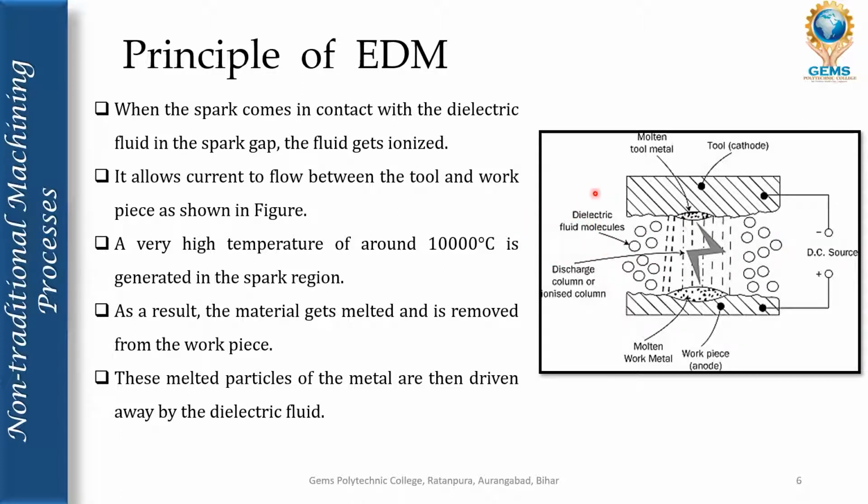Once it gets ionized, it allows current to flow between the tool and the workpiece, so that a very high temperature of around 10,000 degrees Celsius is generated in the spark region.